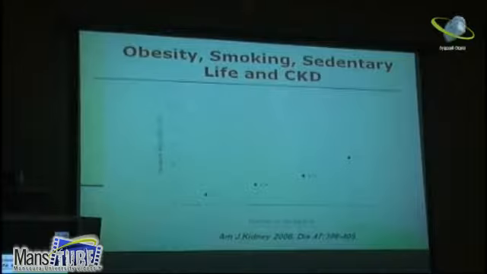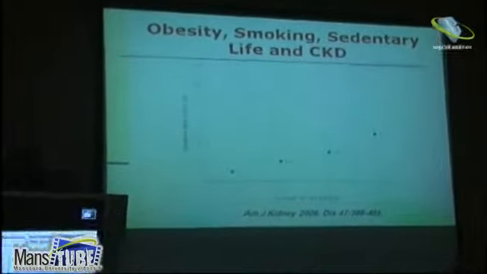Make a point about a lot of these associations. It's important to be very careful when reading. I'm talking to the audience in general, to make sure that these associations are independent associations based on multivariate analysis, and also take into account other confounders.